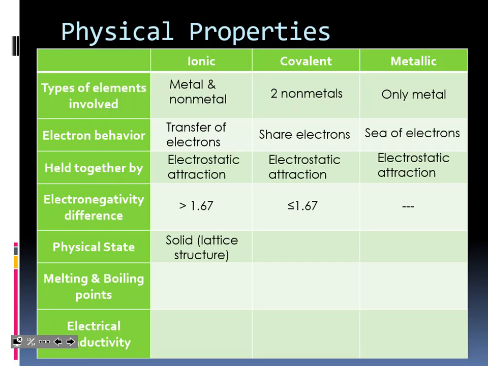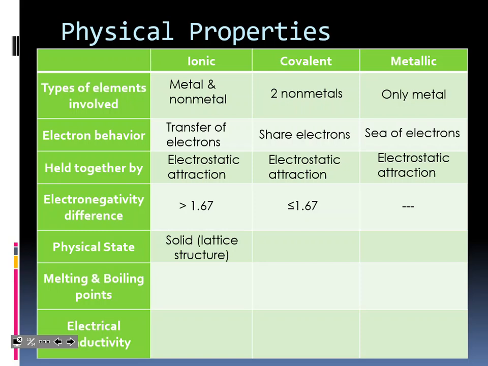Now, we know ionic compounds, if you look in your cupboard and find your salt, are going to be solid at room temperature in a lattice or crystalline structure. How about most covalent compounds that you know of at room temperature? Where are they going to be? What kind of physical state?